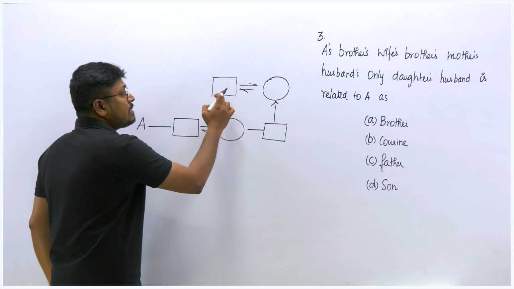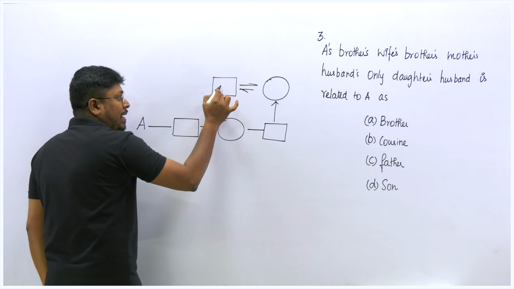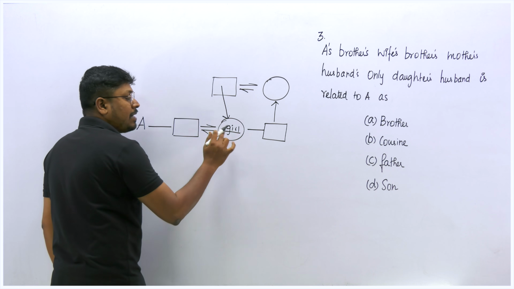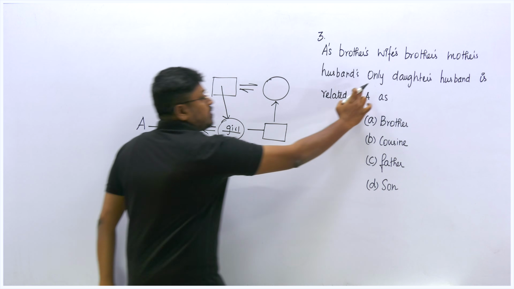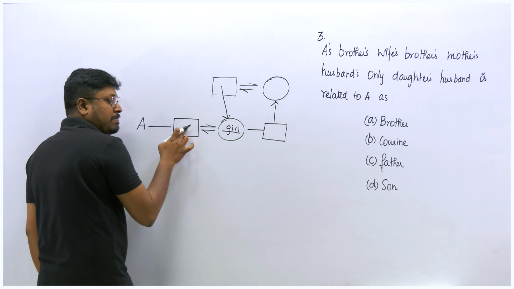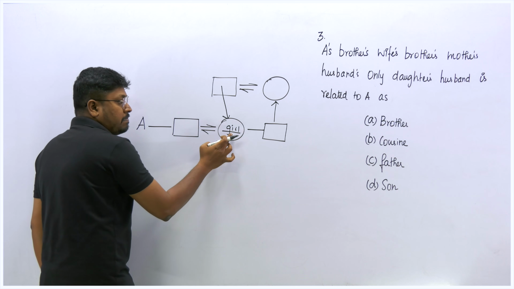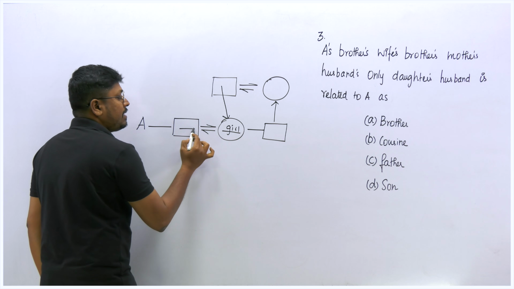Now what they are saying is, from this person, husband's only daughter. So husband's only daughter will be this girl again. Only daughter means only one girl in a family, so that means the same girl. So only daughter's husband. Already we know that these two persons are a married couple, so only daughter's husband will be this person.